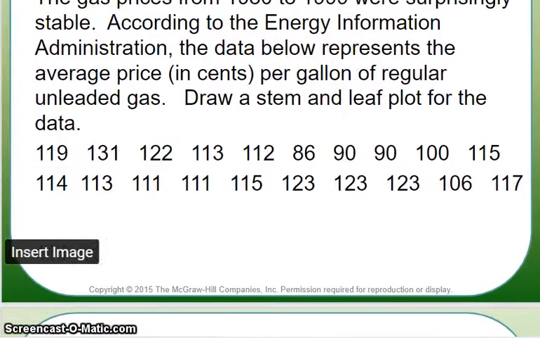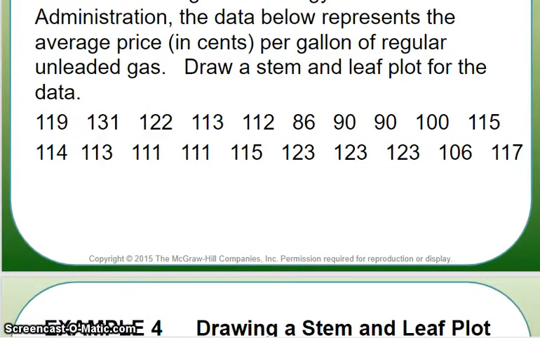So here's an example. I've got the price of a gallon of gas and I'm going to draw a stem and leaf. And so I have to look at these and I have to decide, I want to trim off the stem on all of these, right? So I want to see what my values are doing. And so I've got 8 being my low number, and then I'm going all the way up to 12 being my high when I split my stems from my leaves.